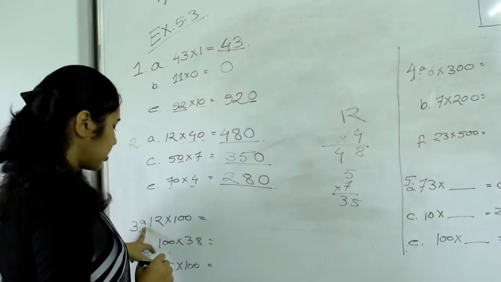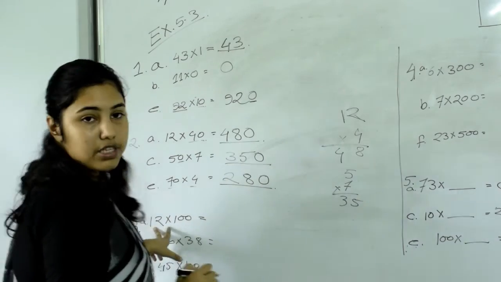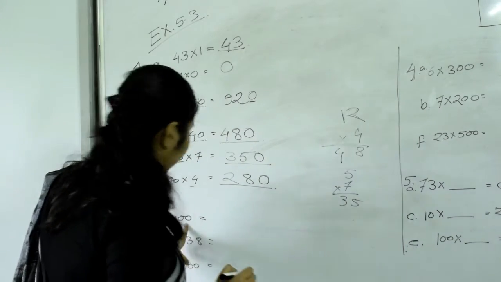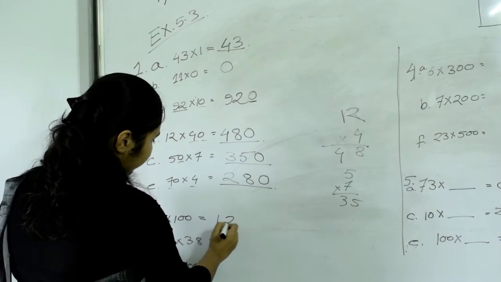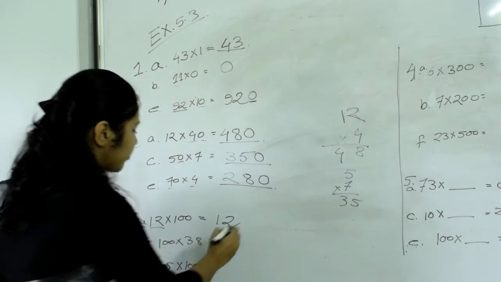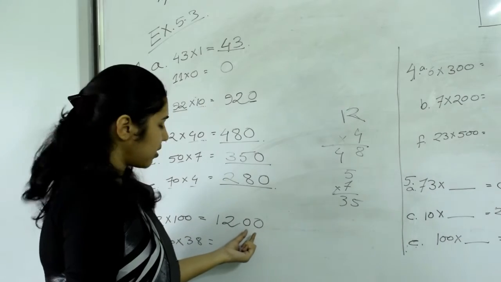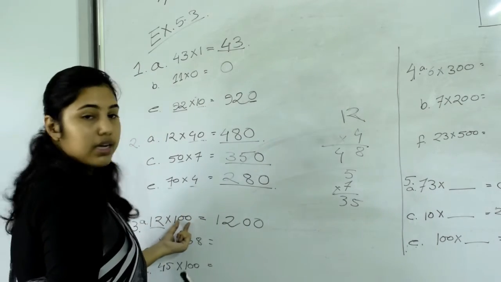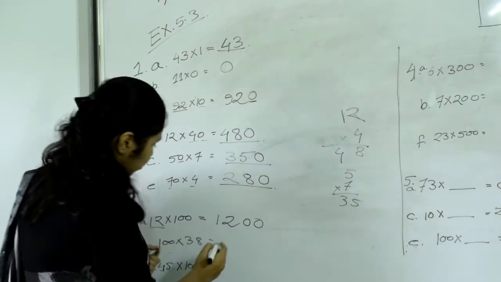Okay? Next, question 3. Here 12 into 100, which means 12 is multiplied by 100, right? So again write first the number 12 itself and then add 2 zeros in 1's place and 10's place. Here in 100, 1 is followed by 2 zeros. Okay?